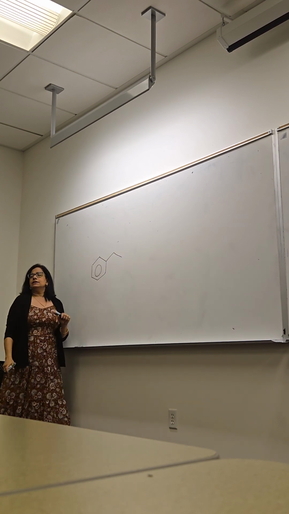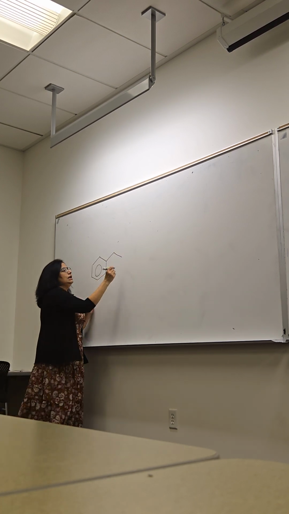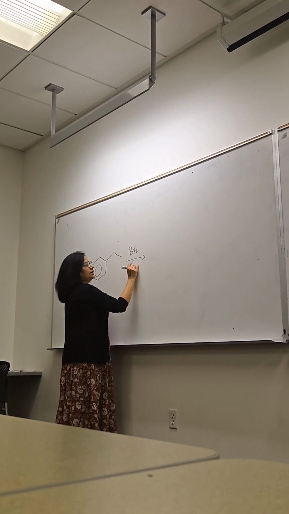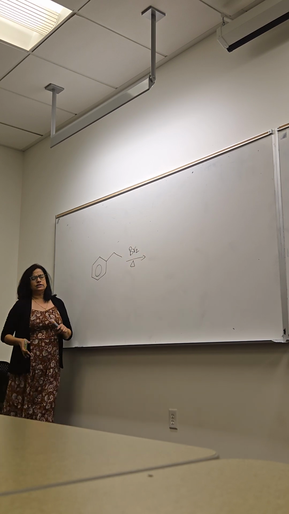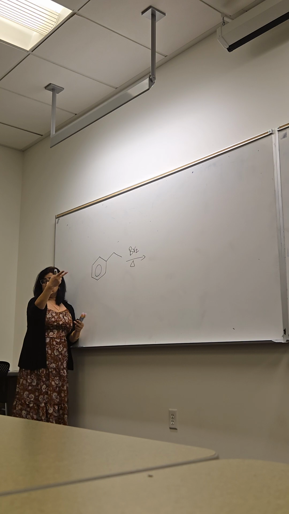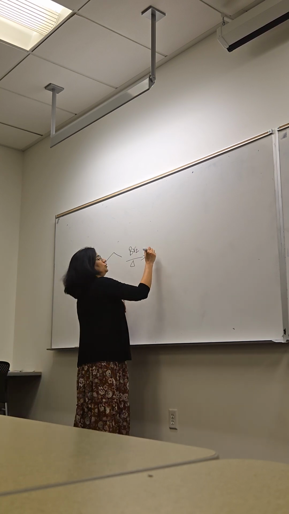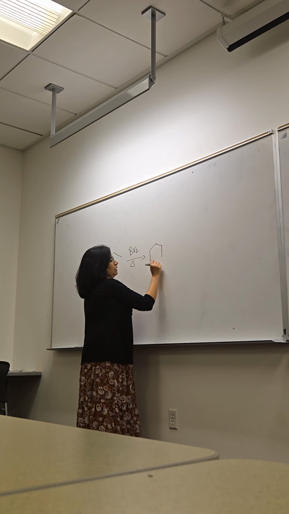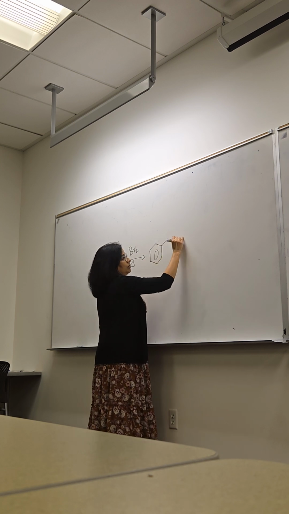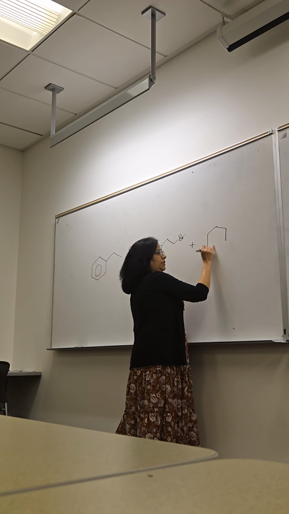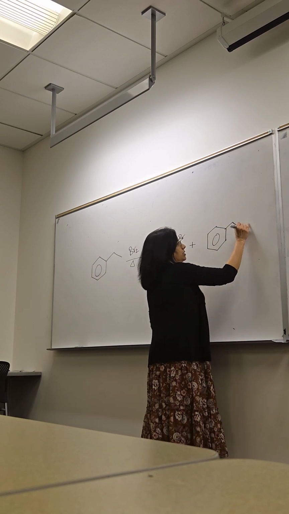Let's take this as an example. Let's say I'm brominating it, meaning I'm reacting it with bromine, with heat or light. How many products do you expect? Two. What would those two products be? On either sp3 hybridized carbons.